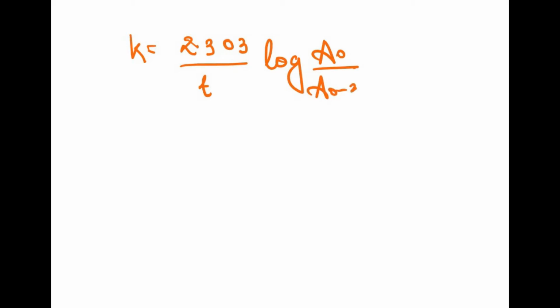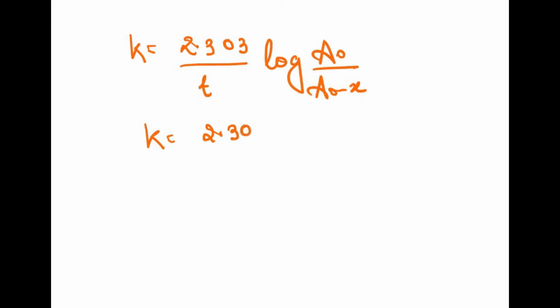So what does the first order reaction say? Rate constant is equal to 2.303 by time, log of initial concentration by remaining concentration. It is said that the concentration becomes 1/16 in 80 minutes.